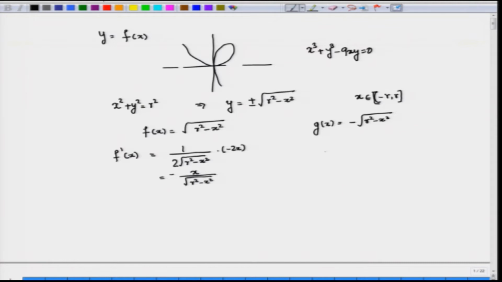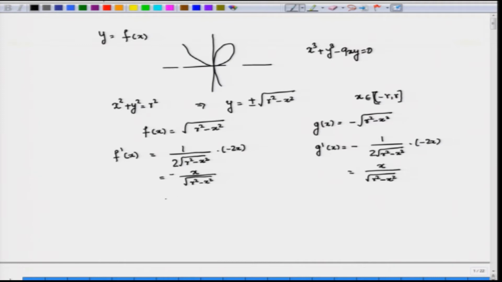Similarly, g prime of x is minus 1 by 2 square root of r square minus x square, into minus 2x, which is equal to x by square root of r square minus x square.